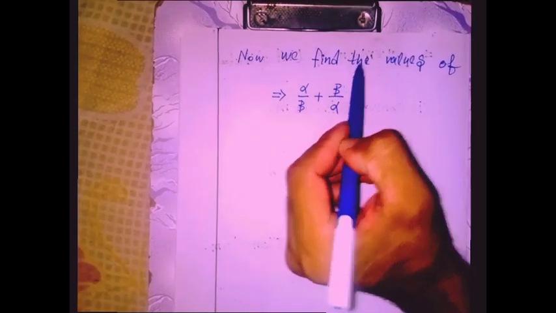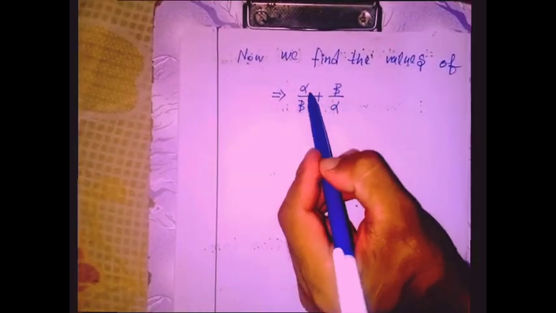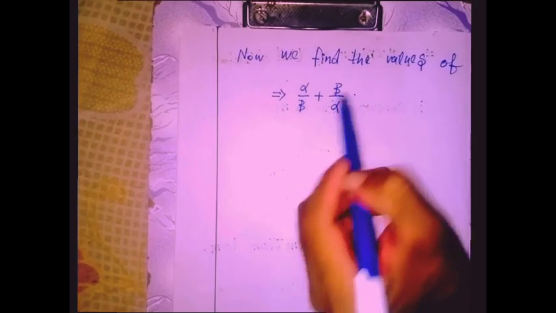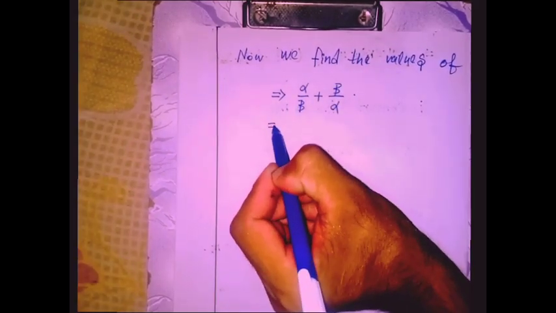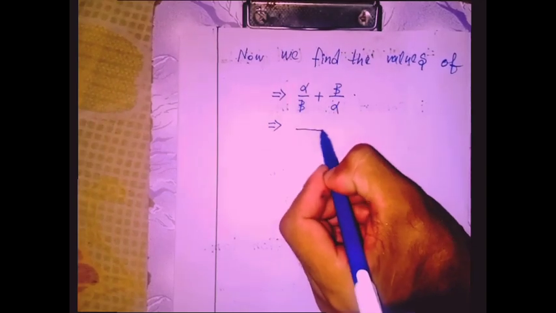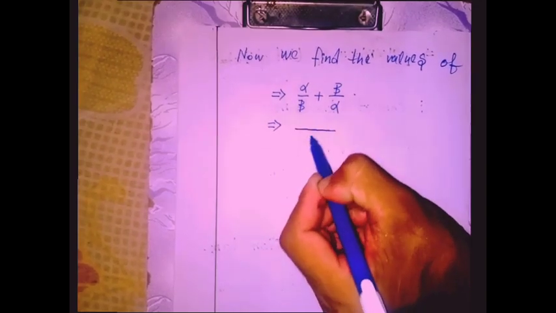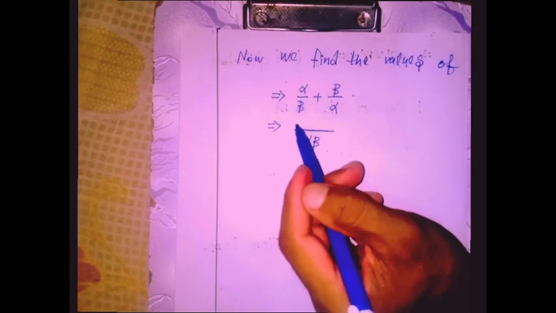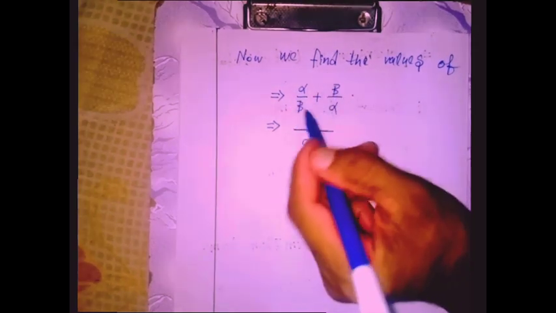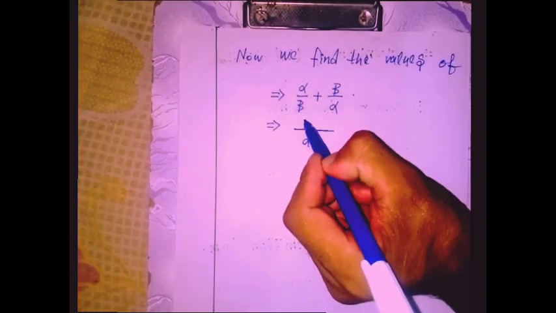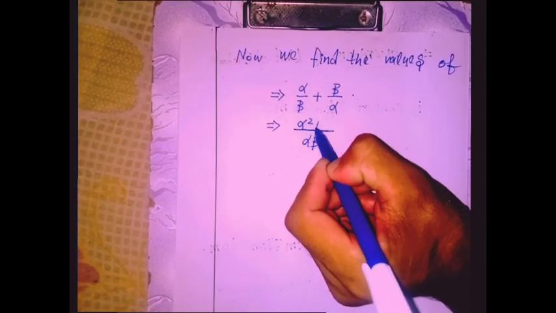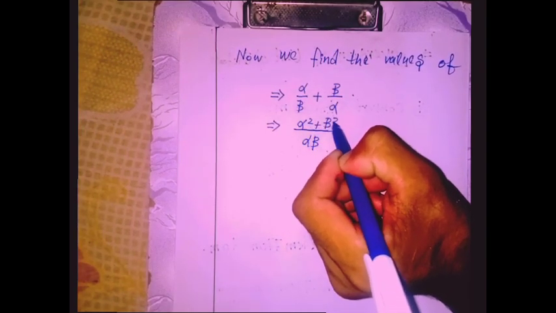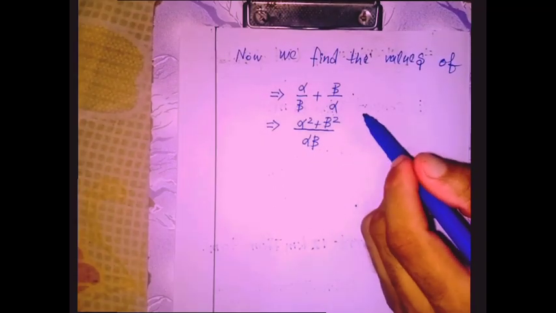Now as given in the question, we have to find the value of alpha divided by beta plus beta divided by alpha. So first we have to simplify. We take the LCM, so we get alpha beta in the denominator. In the numerator we get alpha square plus beta square.